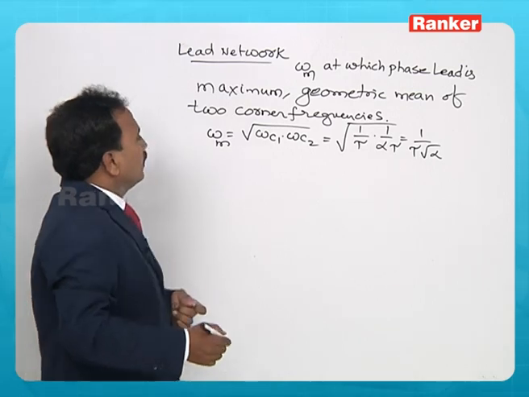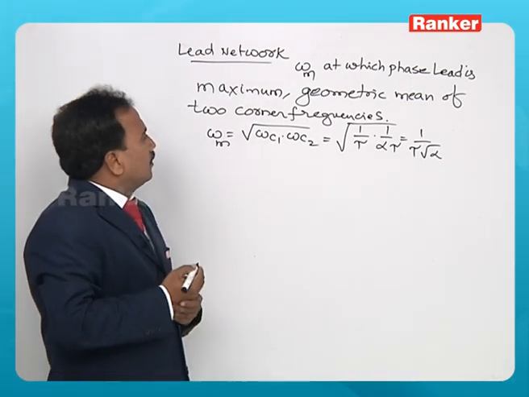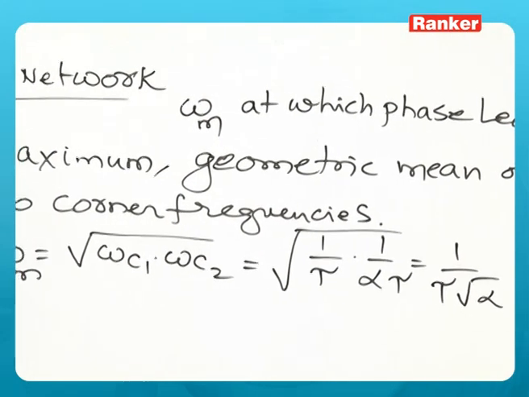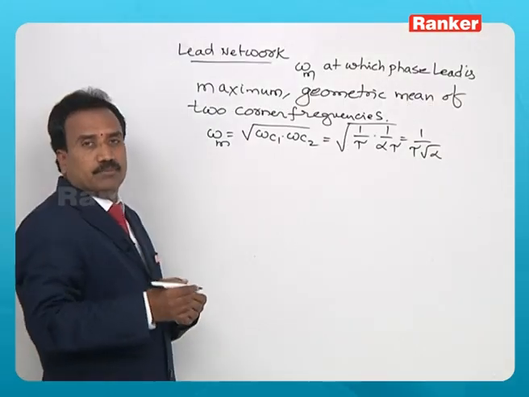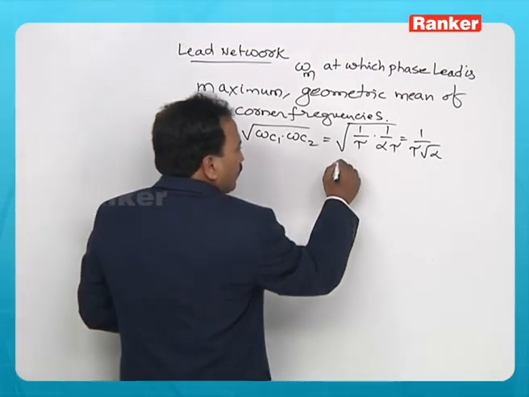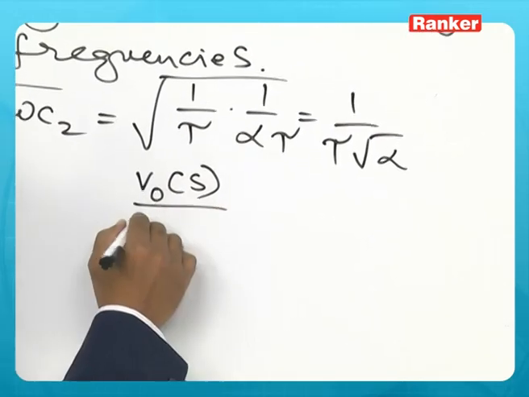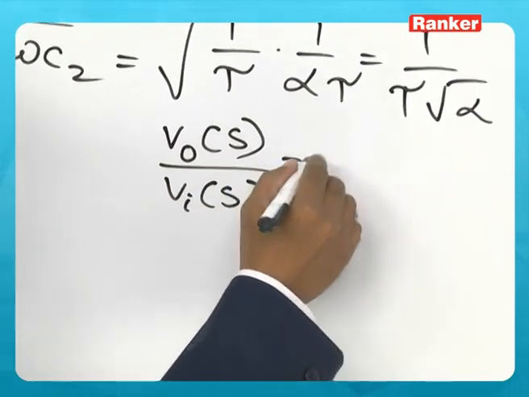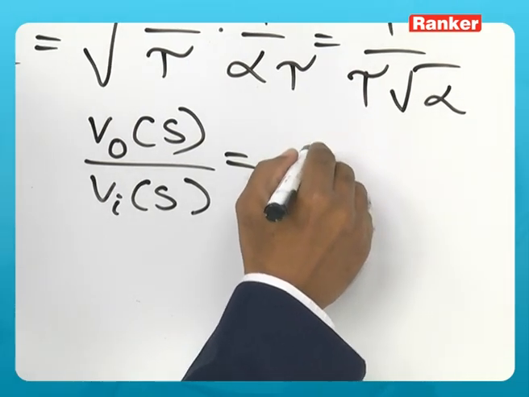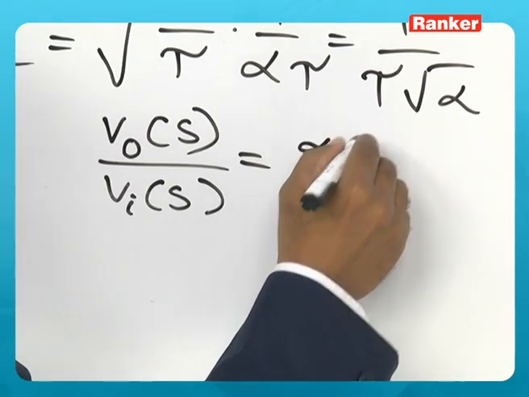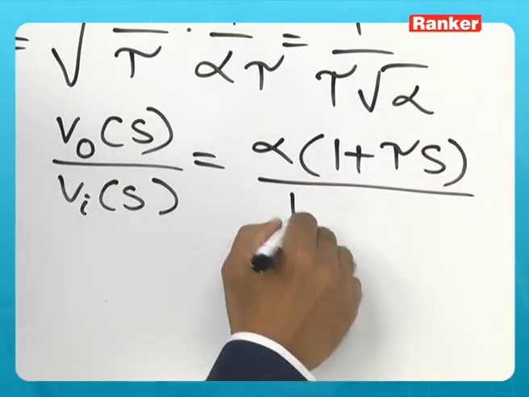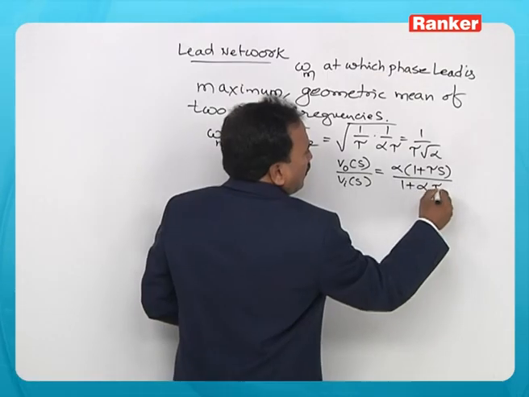Now this omega m is the frequency at which the phase lead should be maximum. So how to obtain the phase lead? Generally we have seen the transfer function of this as 1 by alpha into (1 plus tau s) by (1 plus alpha tau s).